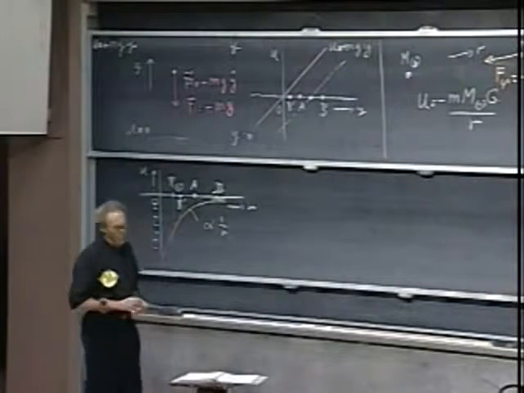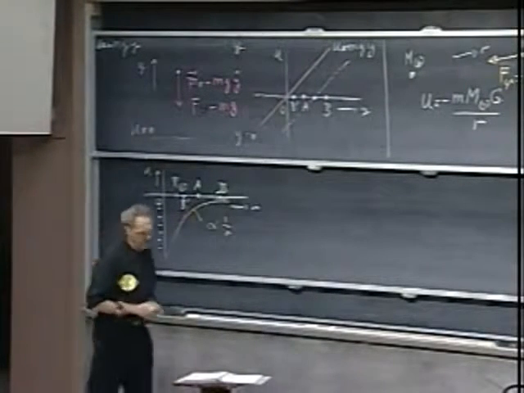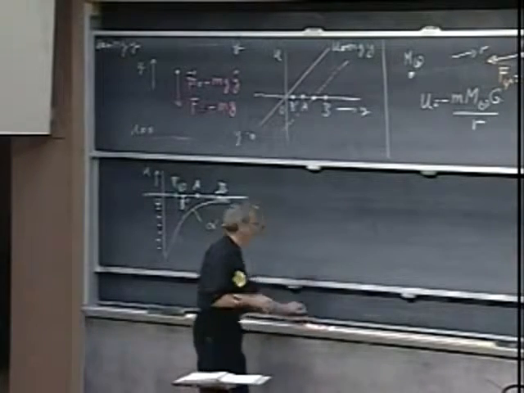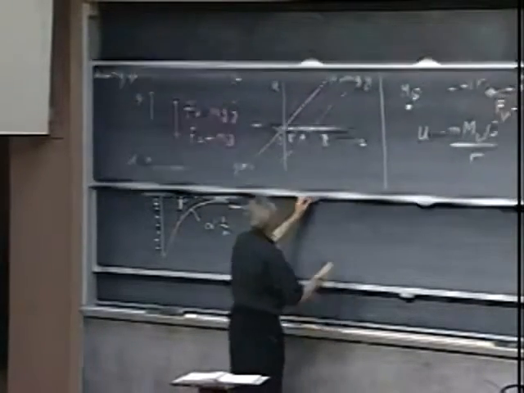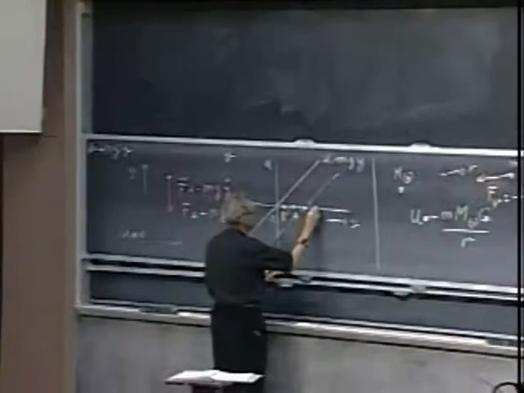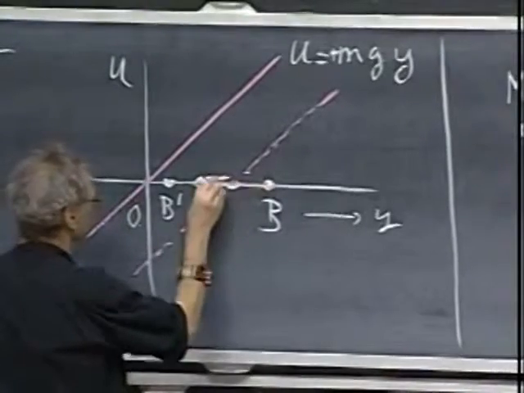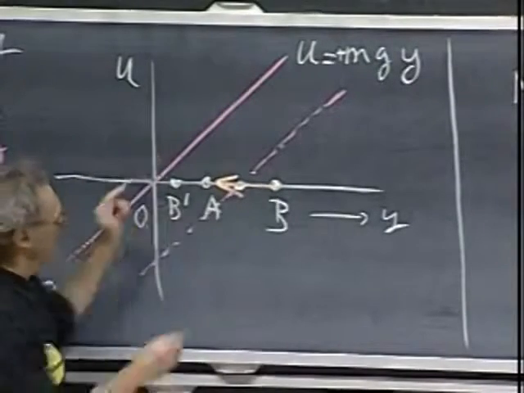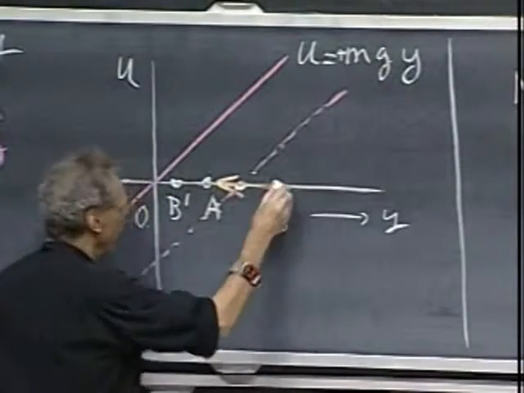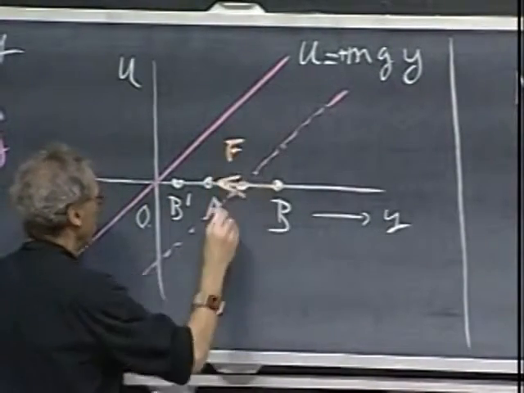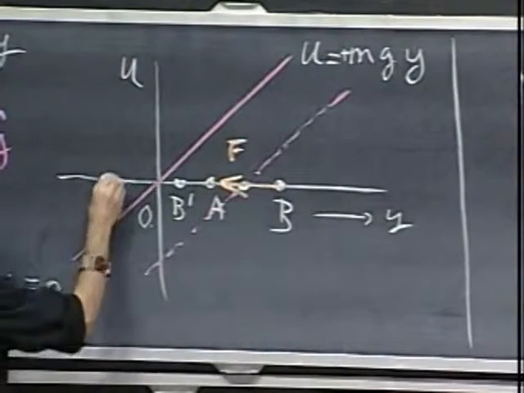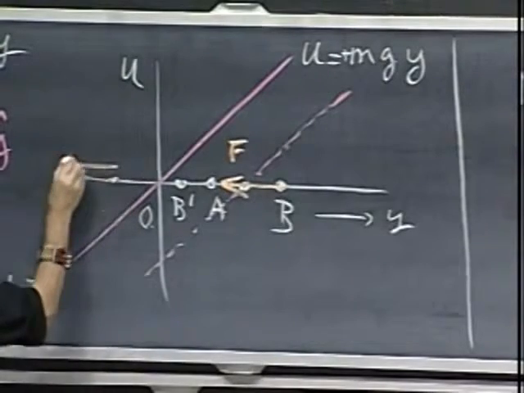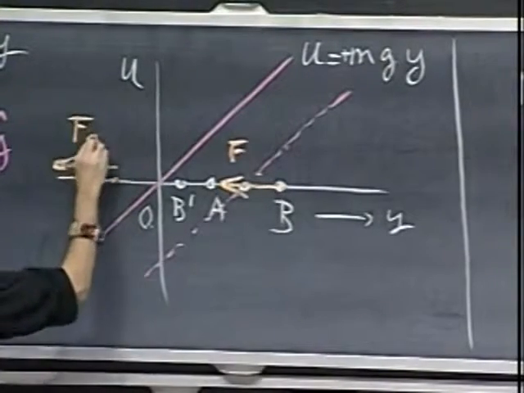The gravitational force is in the direction opposite the increasing potential energy. Notice that when I'm here, the gravitational force is in this direction. Increasing potential energy is this way, the force is in this way. When I'm here, the gravitational potential energy increases in this way, the gravitational force is in this direction.